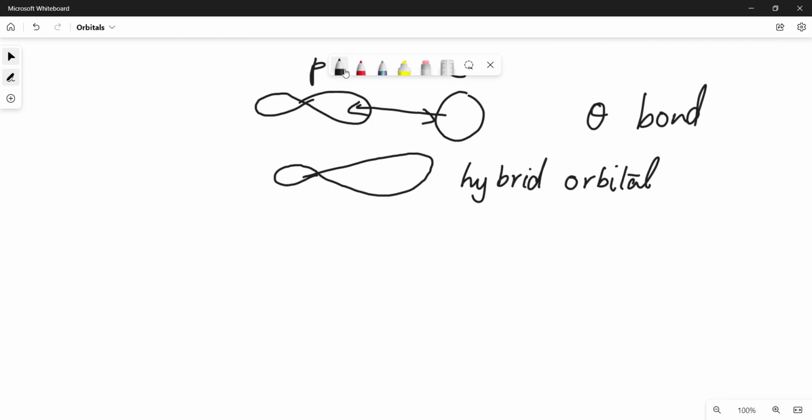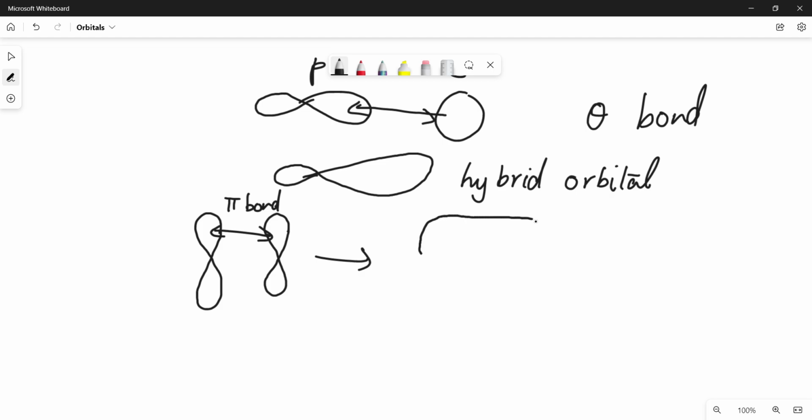And you should remember that pi bonds are formed laterally. So if you have a p orbital and you have another p orbital, these two combine using a pi bond, and these become what's known as a hybridized p orbital.